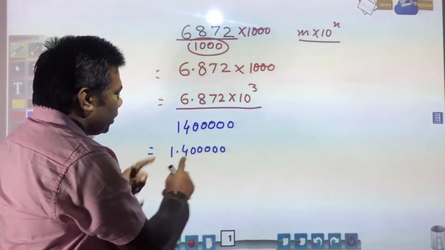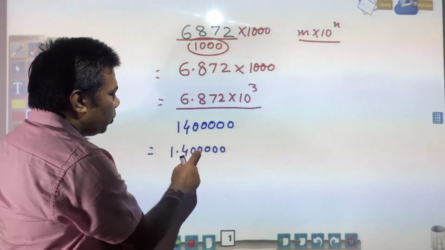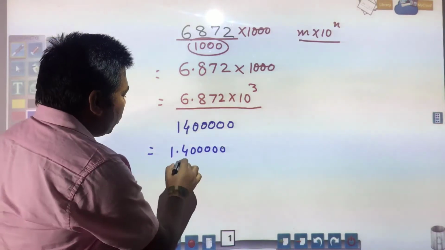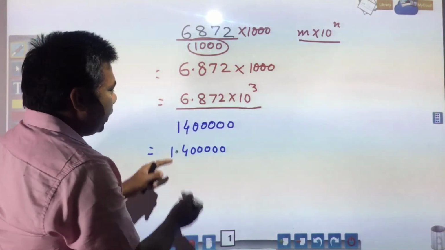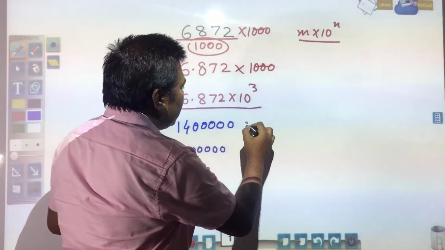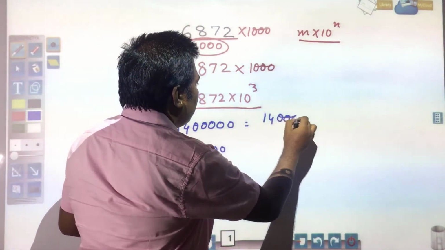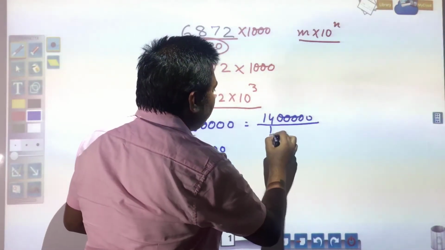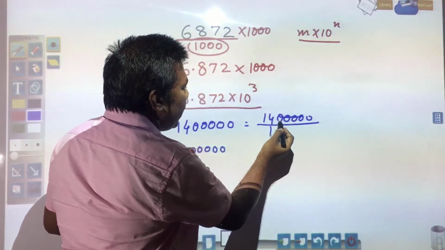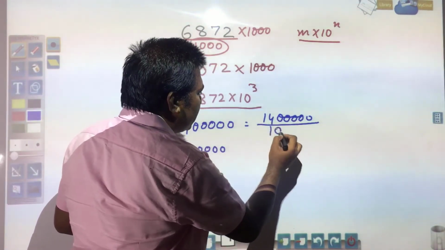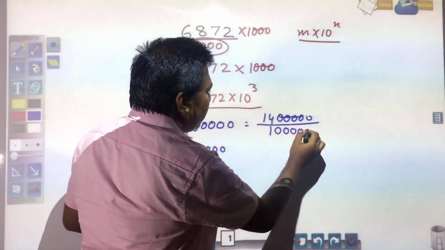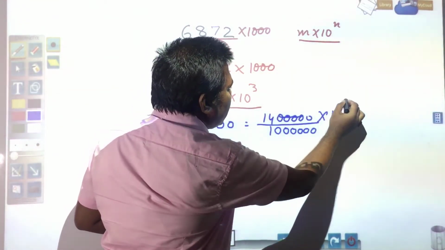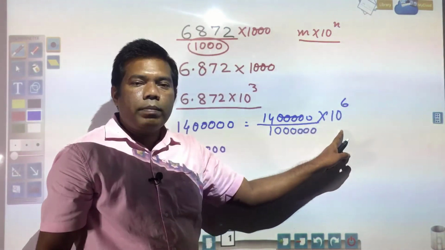So in total, after the decimal how many digits do you have? 1 2 3 4 5 6 digits you have. What you need to do, this you have done yourself, it means this number has been divided by 1 with 6 zeros, 1 2 3 4 5 6, and this needs to be multiplied also with 6 zeros, this 10 to the power 6.